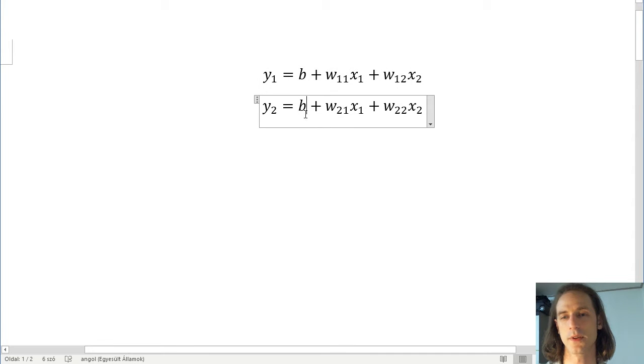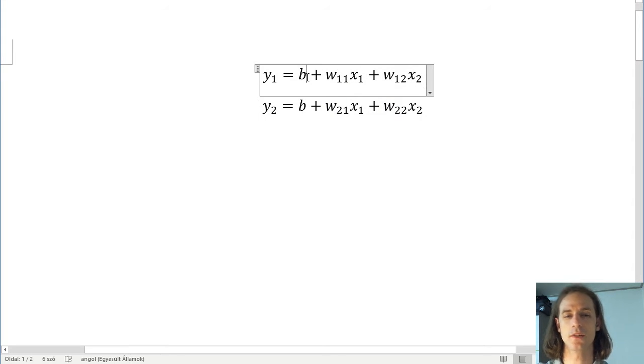This is called bias because it doesn't depend on the input. So it's the bias plus weight w21 and w22, linear combinations of x1, x2 with these different weights.